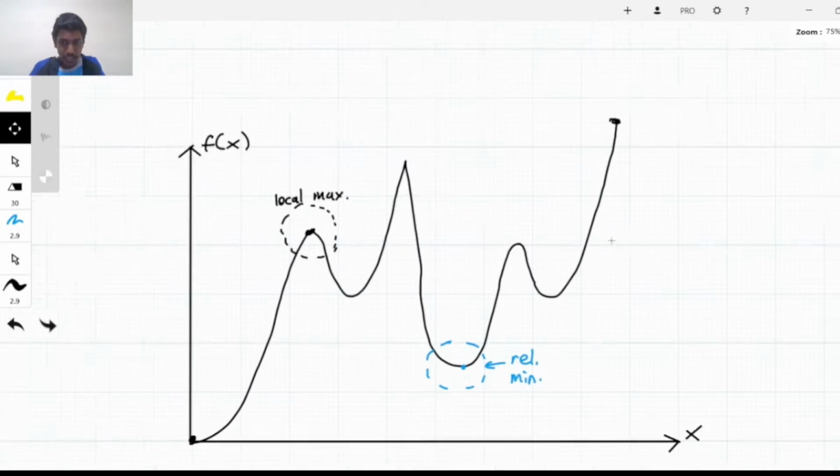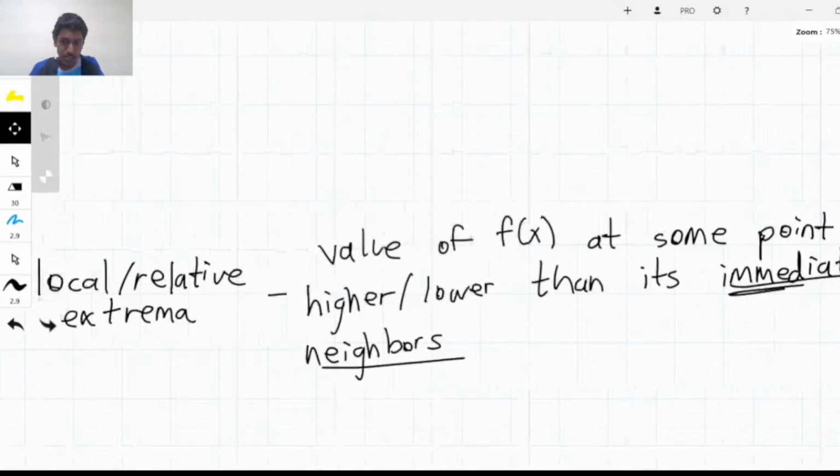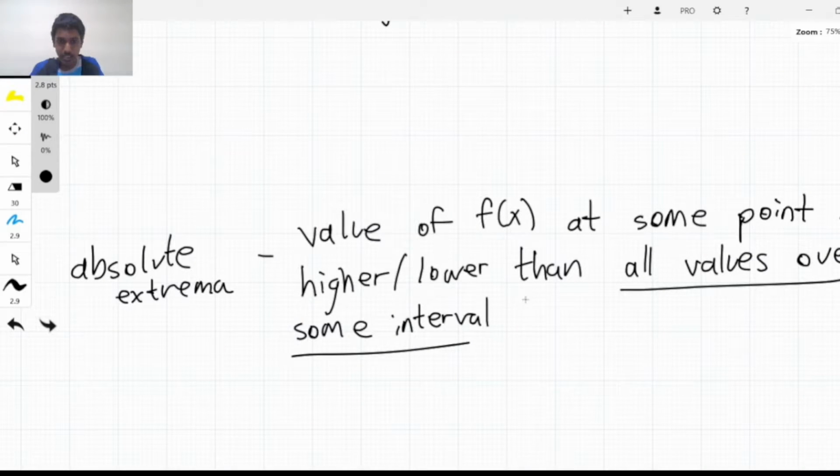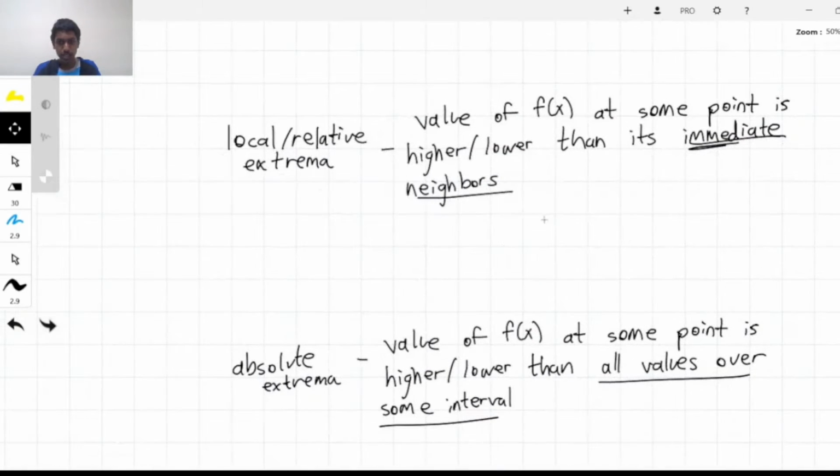But now the other type of extrema is called an absolute extrema, where the value is higher or lower than all values over some interval. The underlined portions here are really the difference.